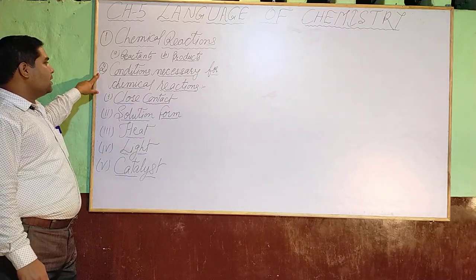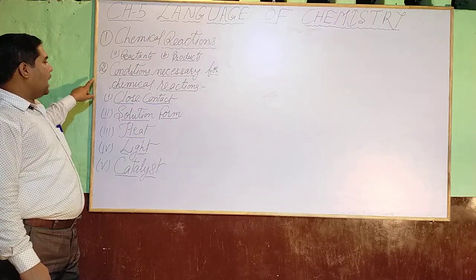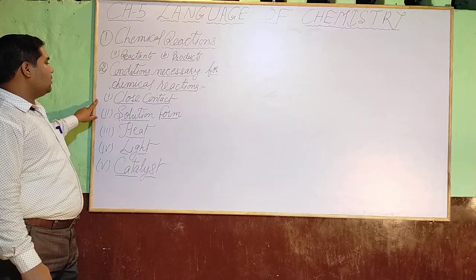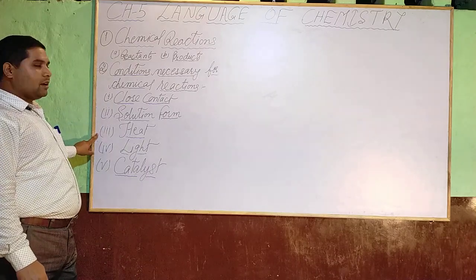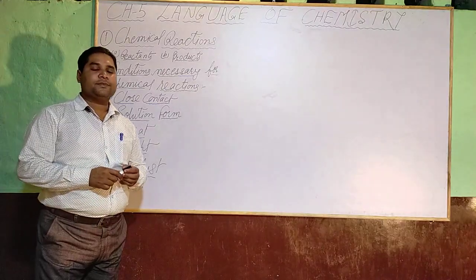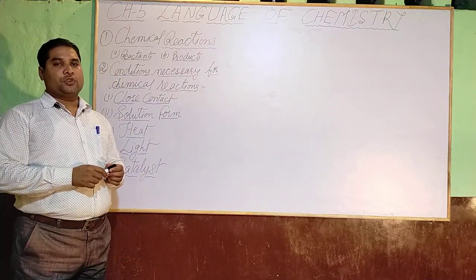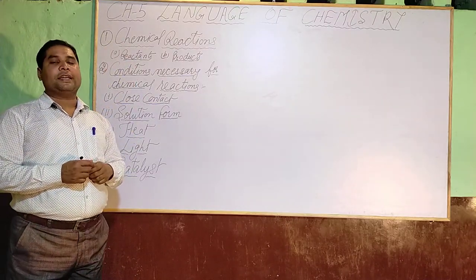The second topic is conditions necessary for chemical reaction, and these conditions are: first, close contact; second, solution form; third, heat; fourth, light; and fifth, catalyst. So let us proceed to the first topic, chemical reaction.